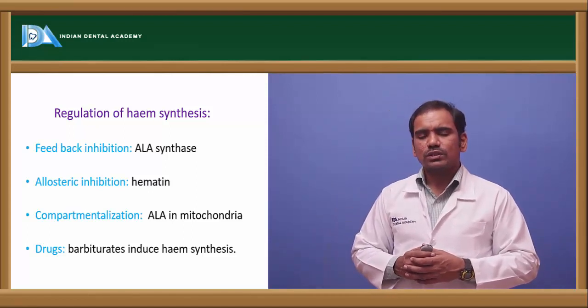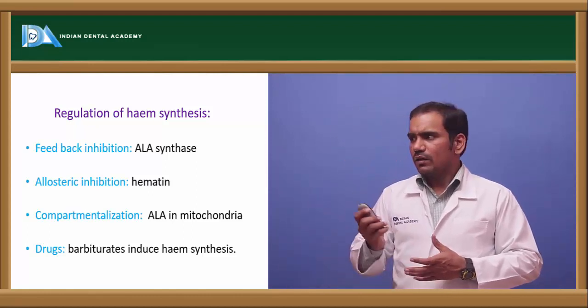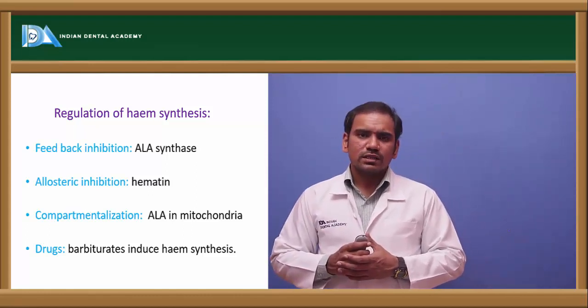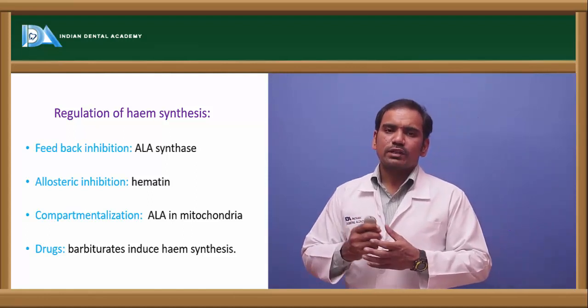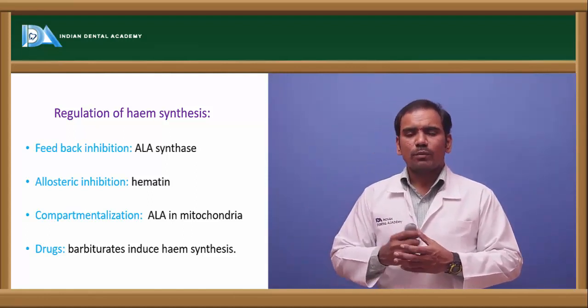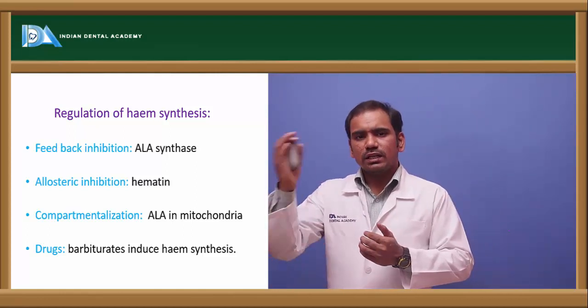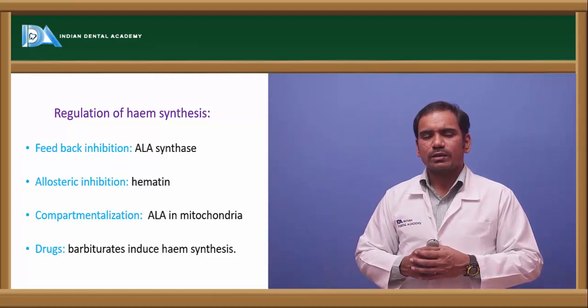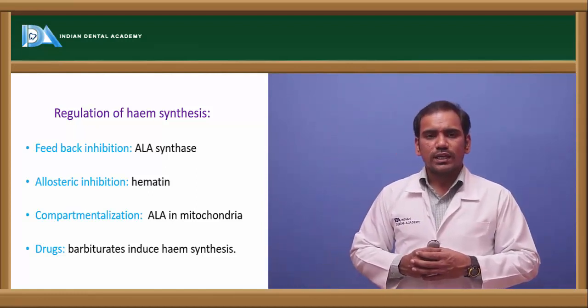The other way is allosteric inhibition. Whenever heme is in excess, it is converted into the Fe3+ ferric form, and that form we call hematin. Hematin binds with the key enzyme ALA synthase and inhibits its activity, and this mechanism we call allosteric inhibition.